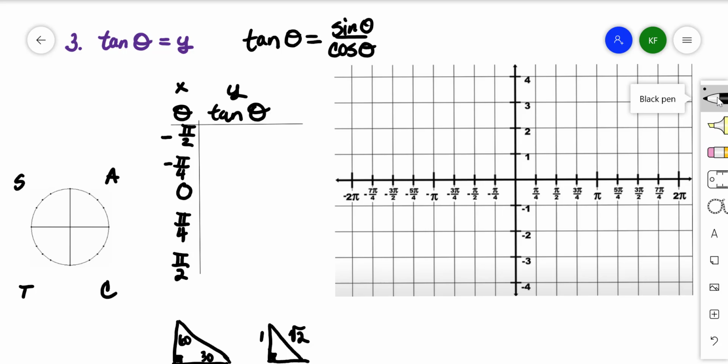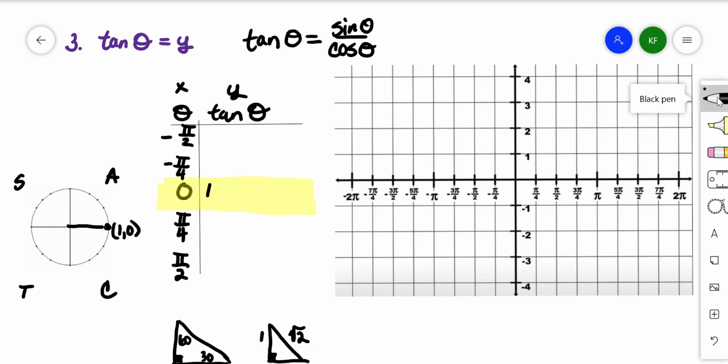All right, so here's the first thing I'm going to do. I'm going to calculate tangent of 0. So tangent of 0 is right here. So I'm going to use the sine and cosine. So it's (1, 0) because it's a quadrant angle.